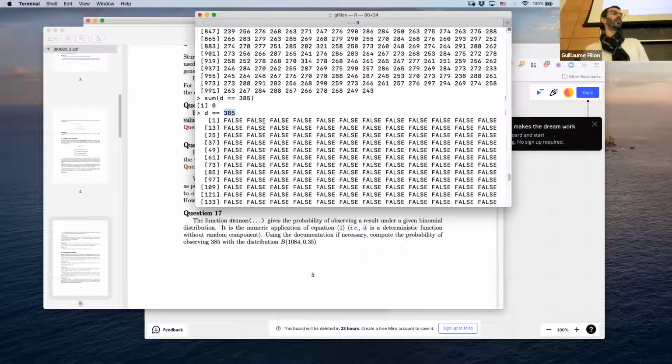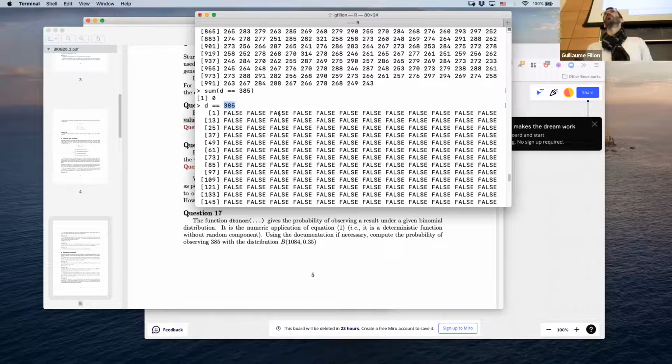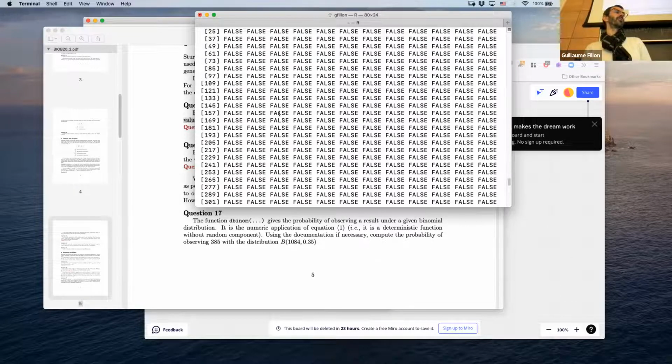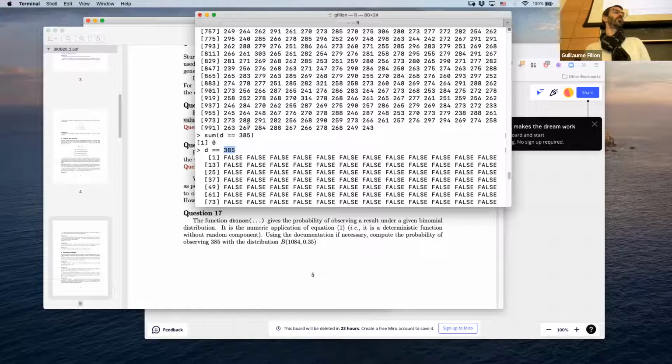You see that what it does is that it compares each and every value individually with the target, and it's returning true when it's equal to the target, and false when it's not equal to the target. So that's what's inside the sum, and the sum will count true as 1 and false as 0. That's why it counts the number of times that this test is equal to true, which means how often D is equal to 385. So never.